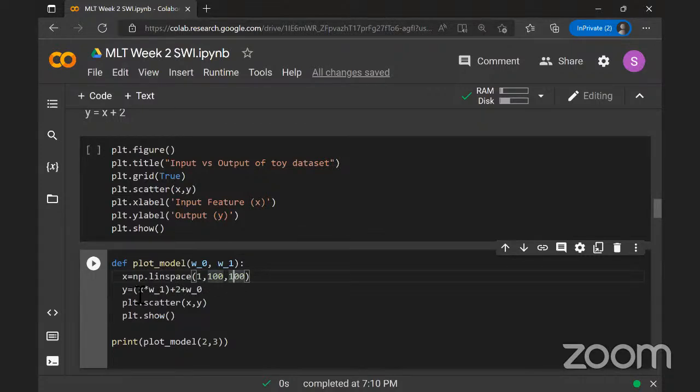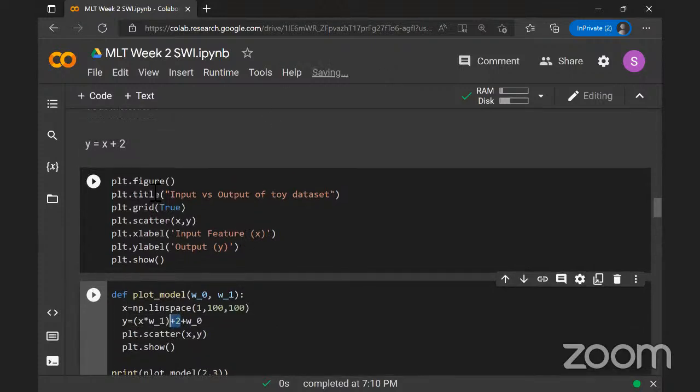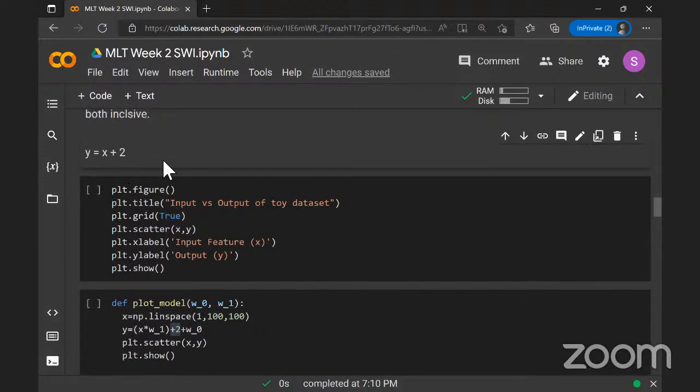The second part is W0 plus W1 x, that sounds great. Mehak, why are we adding this 2? Because in the question it's x plus 2. I see. Y is equal to x plus 2? Yes, sir.